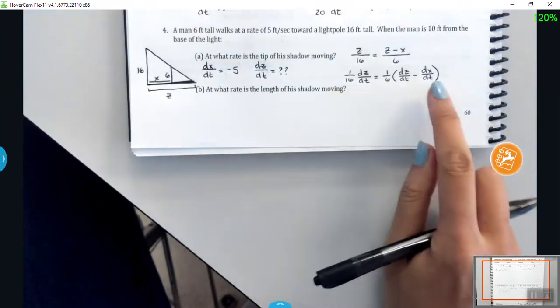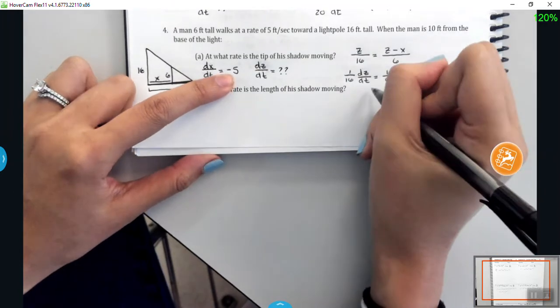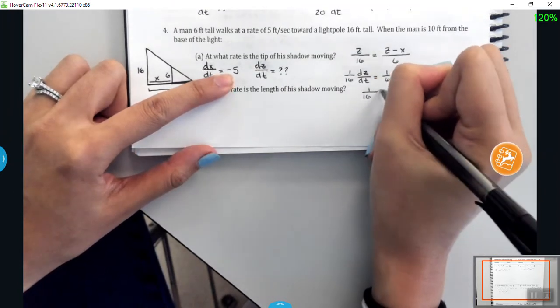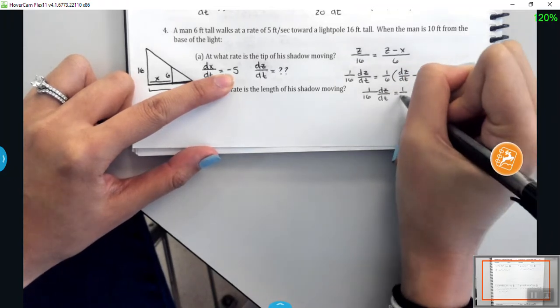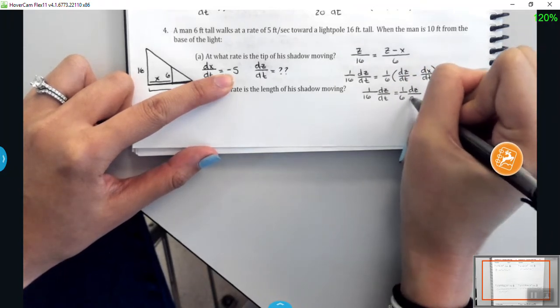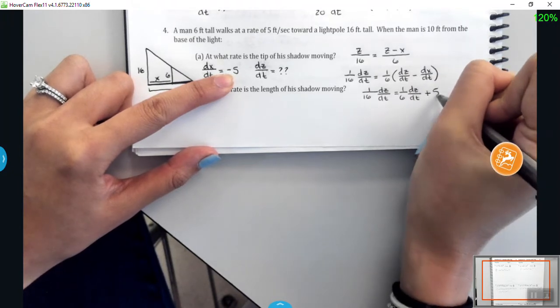We need to solve for dz/dt, so we plug in -5 for dx/dt. So 1/16 dz/dt equals 1/6 dz/dt plus 5.